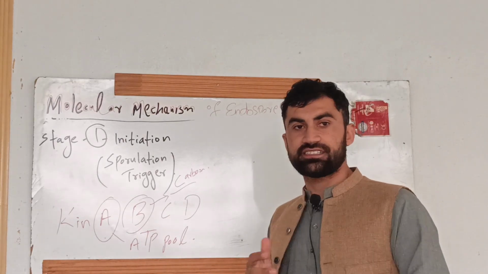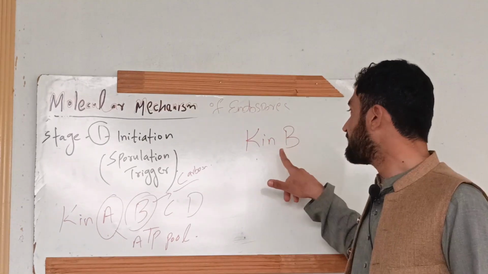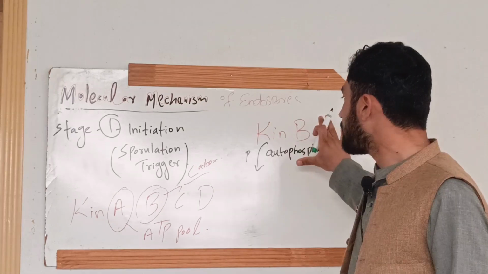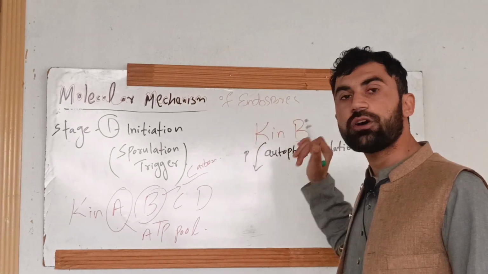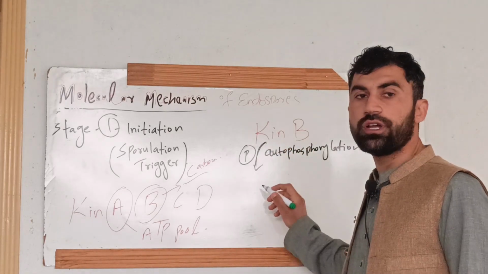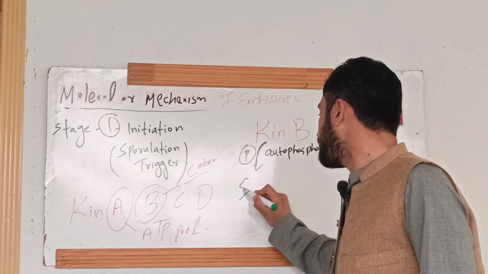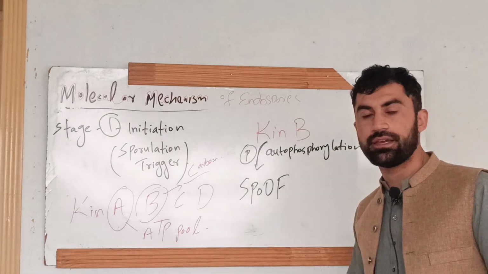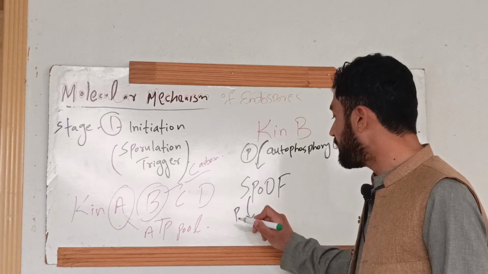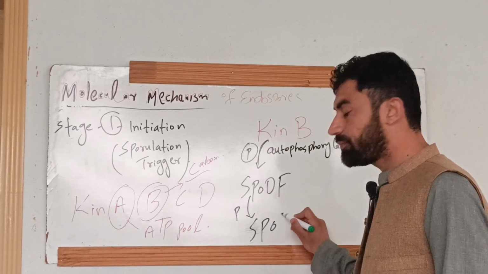So how does it work? When KinB detects the signal, it causes autophosphorylation, and after autophosphorylation, KinB is now activated. It will transfer the phosphate group to SpoOF. Okay, this is the downstream protein in this process, and this will transfer the phosphate group to Spo0A.